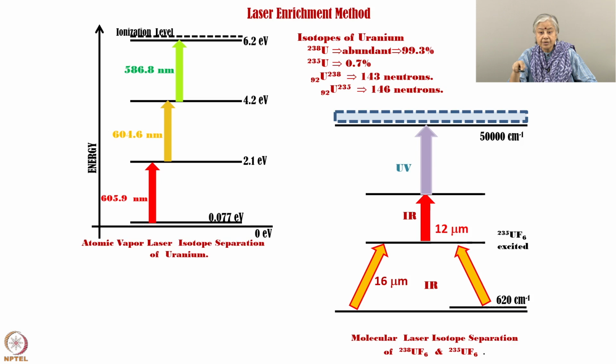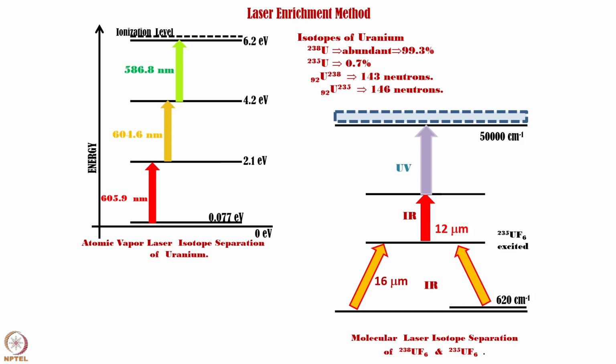That is why you get uranium 235, uranium 238, all these things come into the picture. In uranium 238, there are 146 neutrons, and in uranium 235, 143 neutrons.